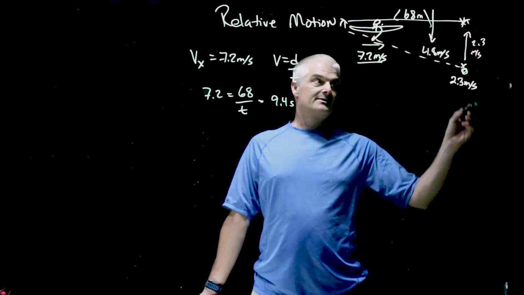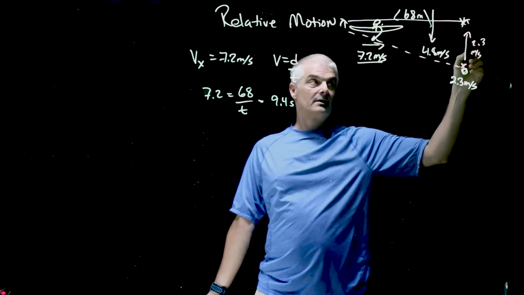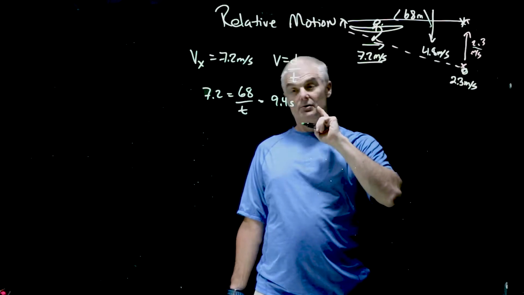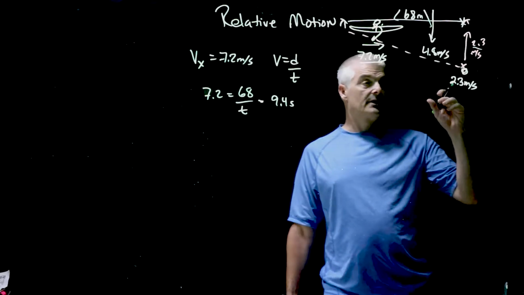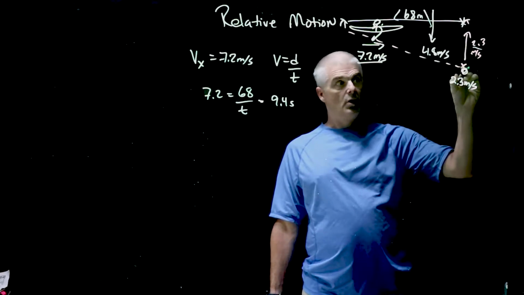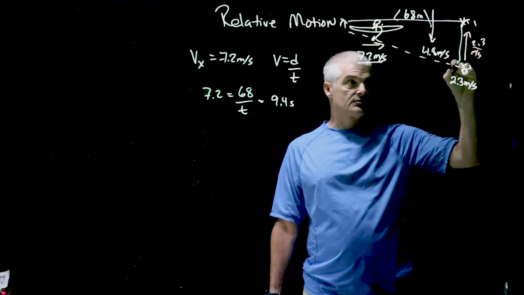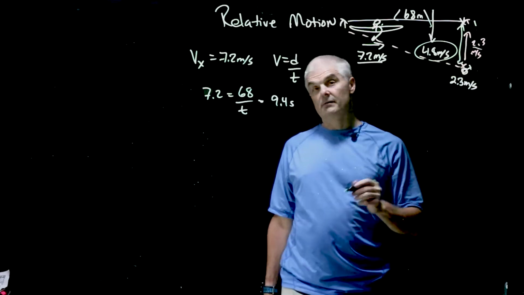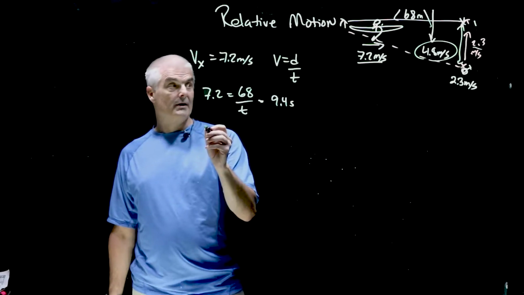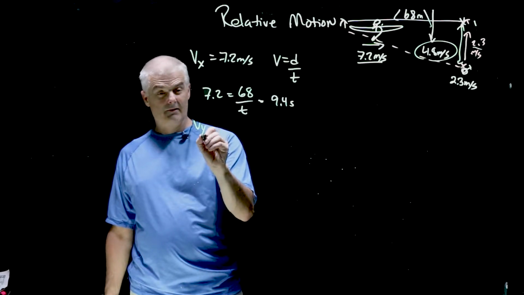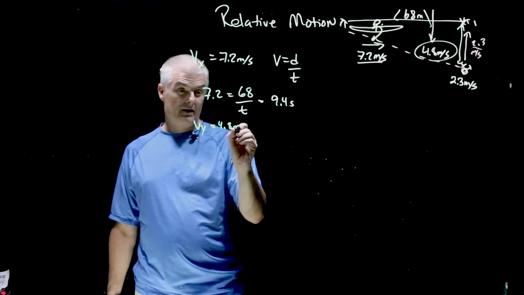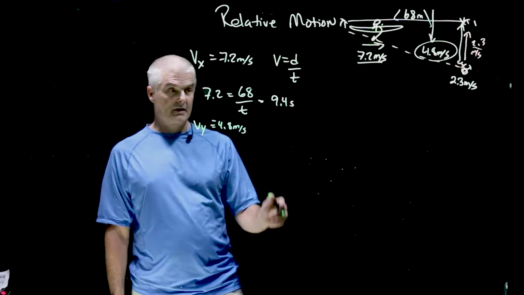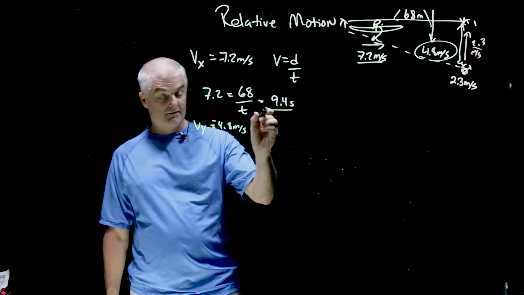But then what does he got to do? He's got to then walk up this far. Now he can travel at 2.3 meters per second. So next we got to figure out how far does he need to walk from here to here. But we know that the stream is traveling at 4.8 meters per second. So if you will, that's like Vy. Vy is 4.8 meters per second, right? In the y direction. Technically, we might call it negative 4.8 meters per second. And we know that he's going to be traveling for 9.4 seconds.